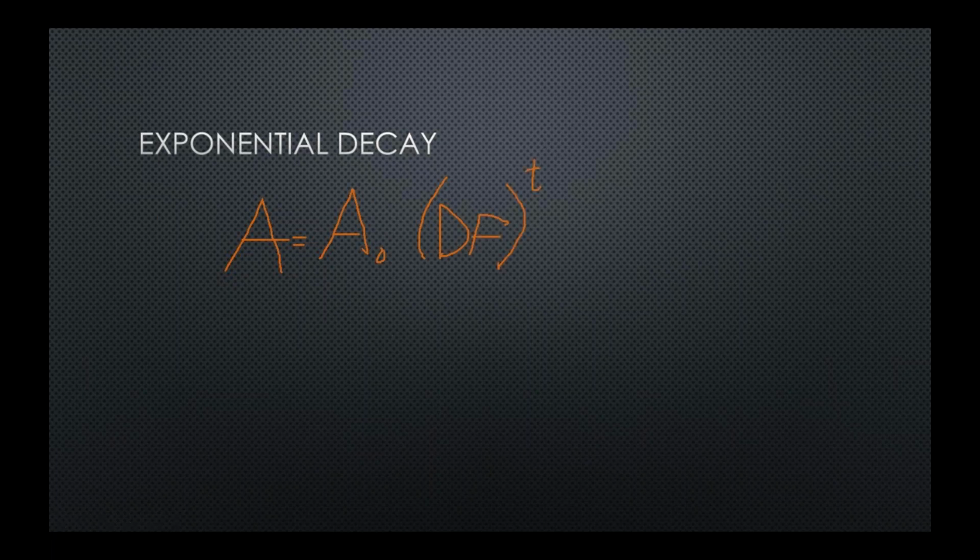So the difference is that instead of a growth factor, we have a decay factor. And the decay factor is found by taking 1 minus the percent decrease. Makes sense. If you're decaying, you're getting smaller. And again, remember, this is a relative change. So if your relative change is negative, you have decay, and you go from there.